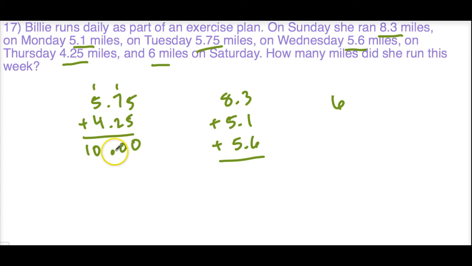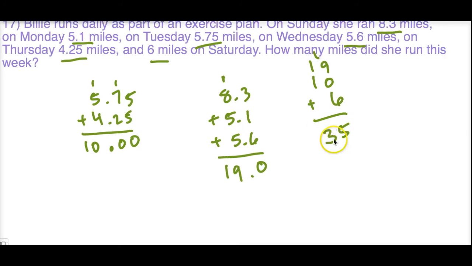So I've got 10 miles here. Got 19 here. So I need to add 10, 19, and 6. So it looks like I have 35 miles that she runs.